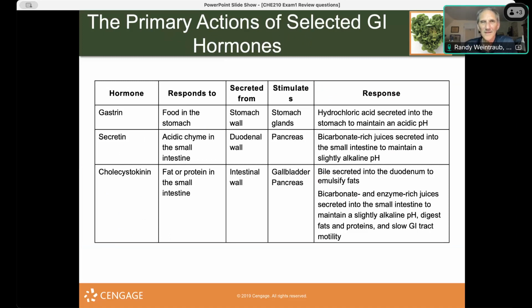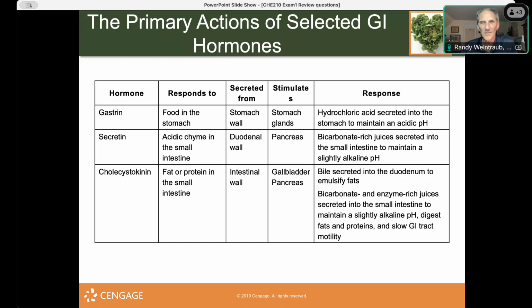So the main GI hormones, they are produced somewhere and they're sent out to stimulate something to happen or to stop. These three are the major hormones there: gastrin, secretin, and cholecystokinin, or CCK.